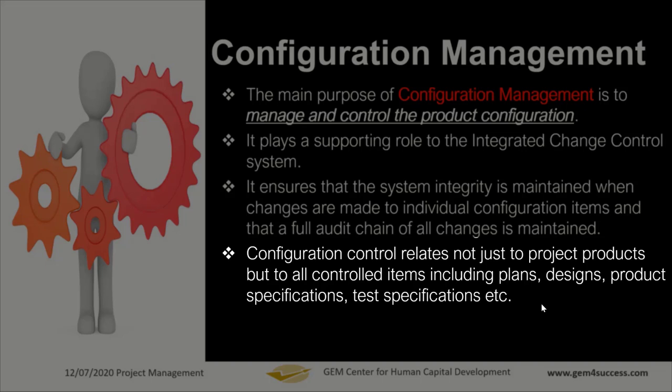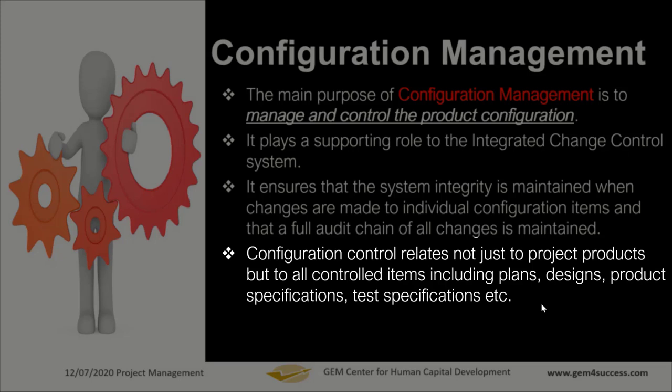So configuration control relates not just to the project products, but also to a lot of documents, your designs. How do you ensure everybody is working to the same version of your designs? They are working to the same version of your plan. They are working with the same version of your product specification.